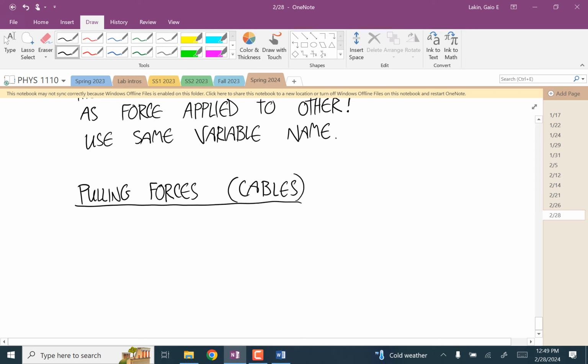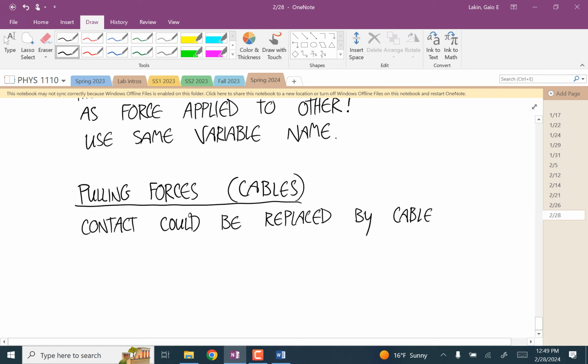Even if they don't have to be, you could replace the contact with a cable or string if it's a pulling force. You can always identify a pulling force if the contact could be replaced by a cable or a string without changing what happens in the problem.